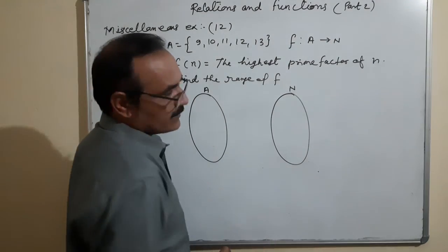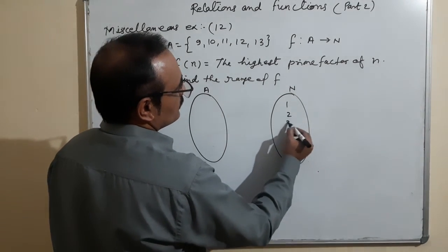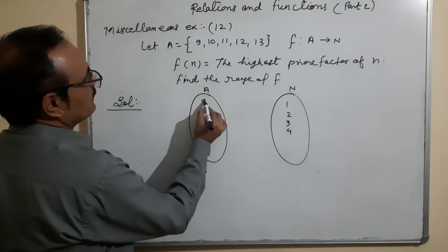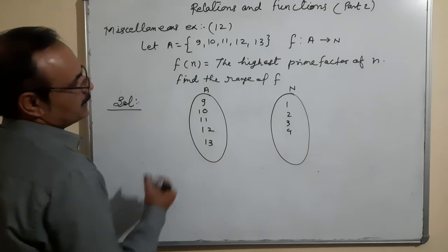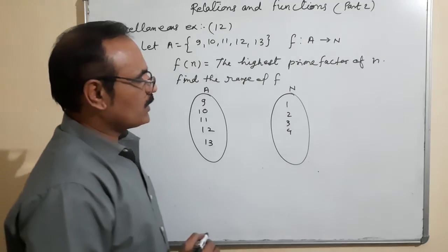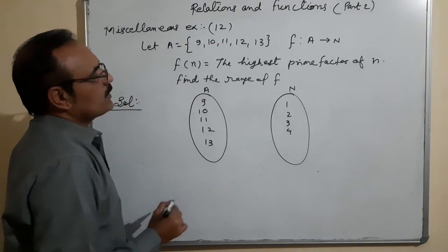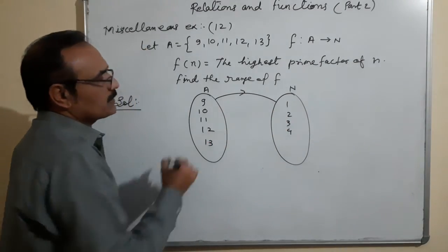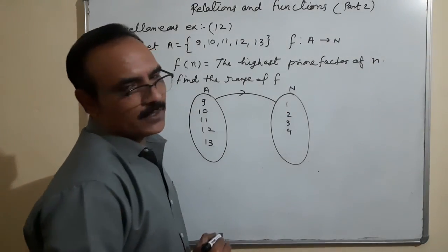What is N? The set of natural numbers 1, 2, 3, 4, 5 like that. And A has 9, 10, 11, 12, 13. And these are infinite terms 1, 2, 3 and so on. F of N is equal to the highest prime factor.